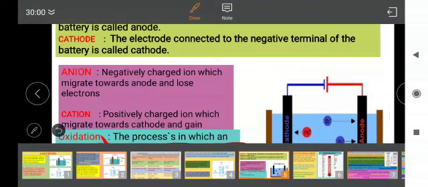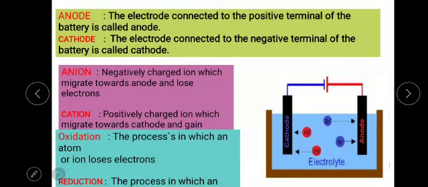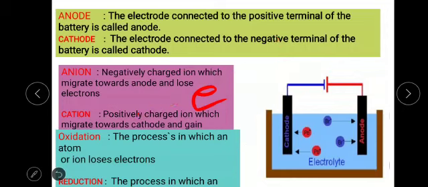So learn these two definitions by heart also. This is very important from the examination point of view. For the time being, oxidation means losing of electrons, and reduction means gaining of electrons. These are very common terms which we use during electrolysis. So please learn all these definitions by heart.